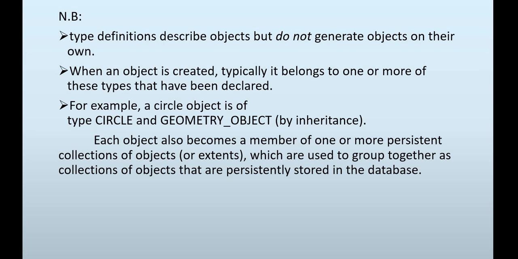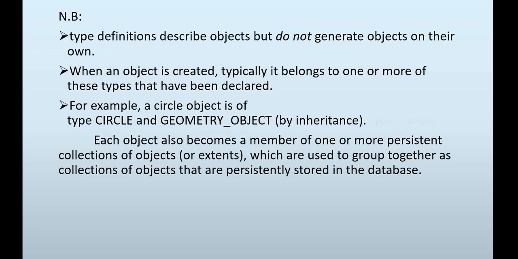Each object also becomes a member of one or more persistent collections of objects, or extents, which are used to group together collections of objects that are persistently stored in the database. By persistent, we mean that the object will stay in the database even if the program has been terminated.